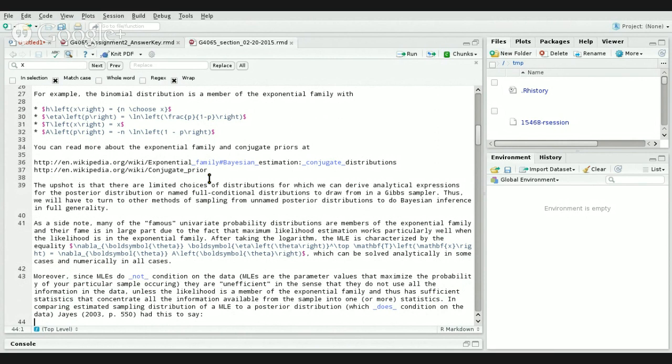And so given that a maximum likelihood estimator in general does not condition on the data, you might say that it's inefficient. You can't say that it's inefficient because inefficient means something very particular to frequentists. But by inefficient, I mean if it's not conditioning on the data, it's not really using all the information that you have in the sample to obtain estimates.